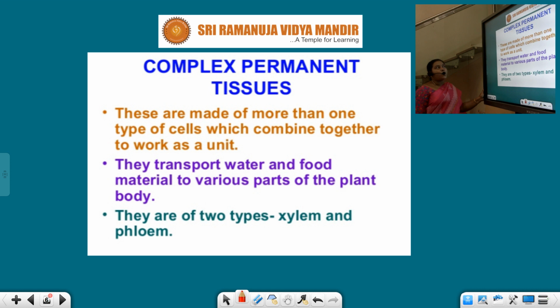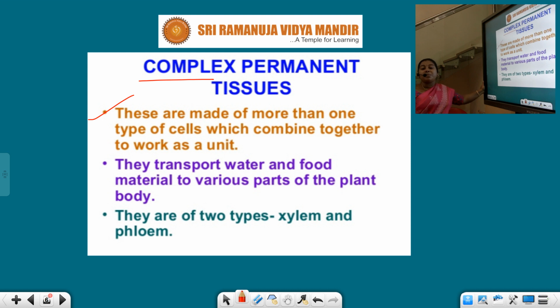Now, let us talk about complex permanent tissue, the second type of permanent tissue. These are made up of more than one type of cells which combine together to work as a unit. If anybody asks you what is the major difference between simple tissue and complex tissue, the answer is: in the simple tissue the cells are uniform.